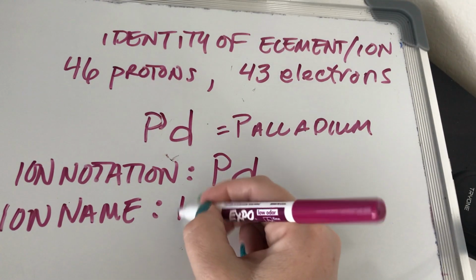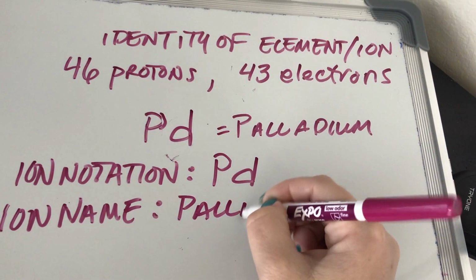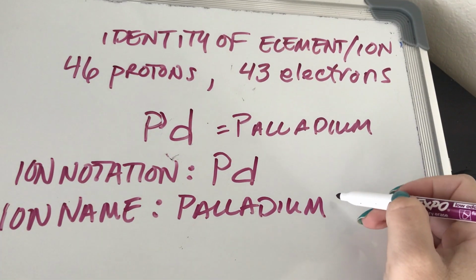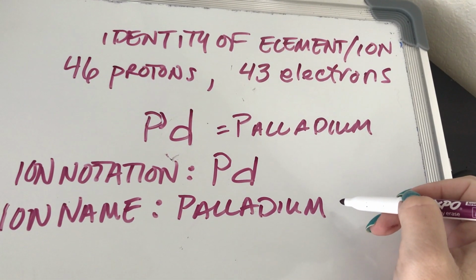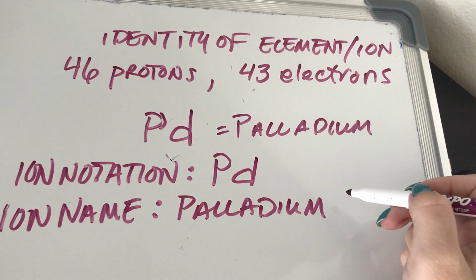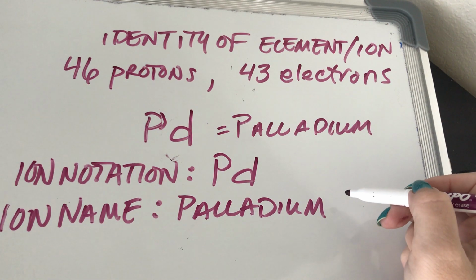So for the ion name, we can just do that now. 46 on the bottom. So what would the charge be here? Plus. 2 plus? Wait. Would it be +3?